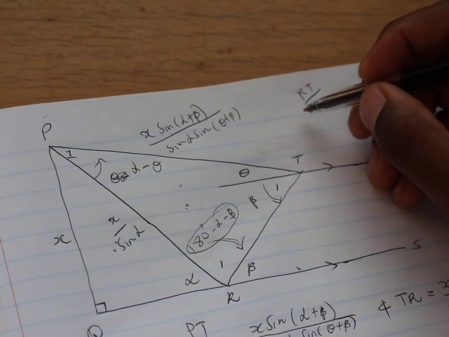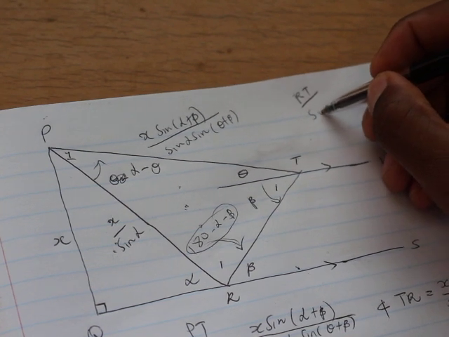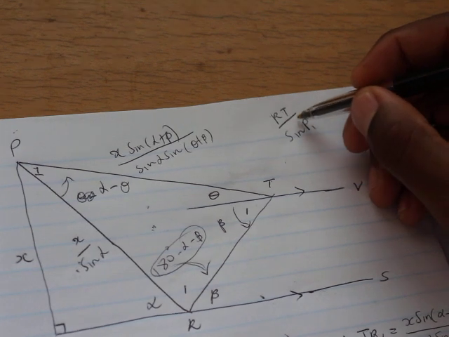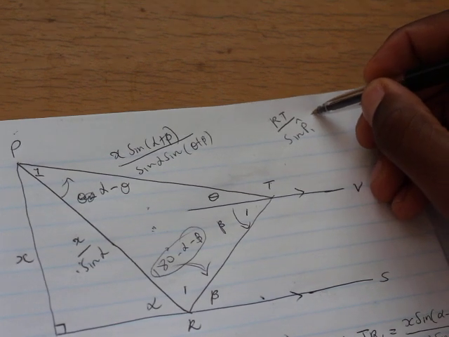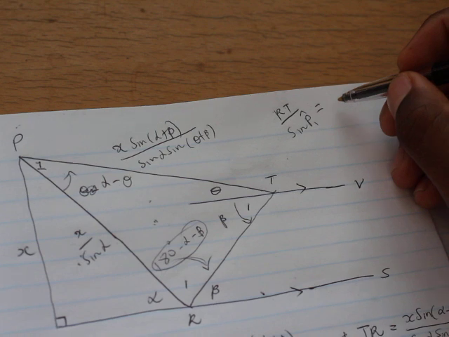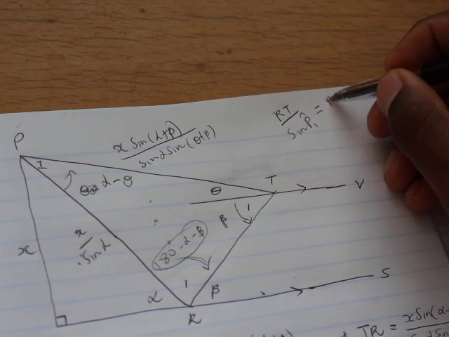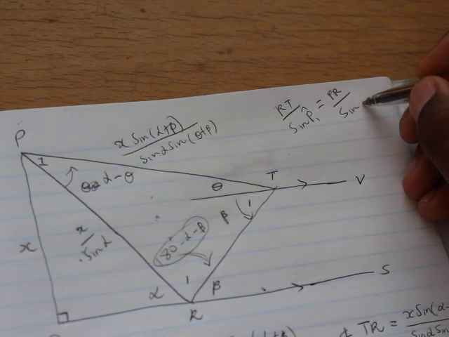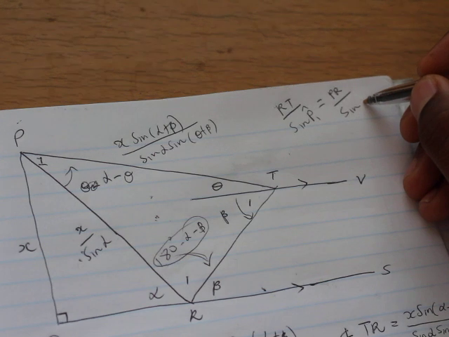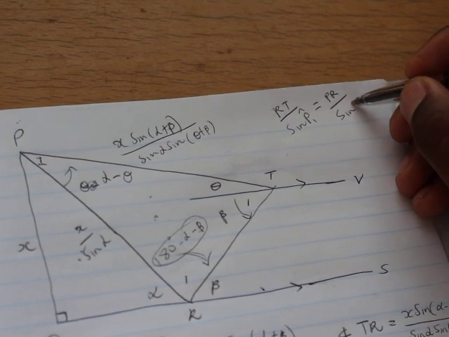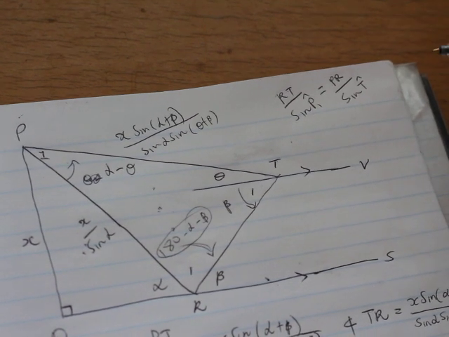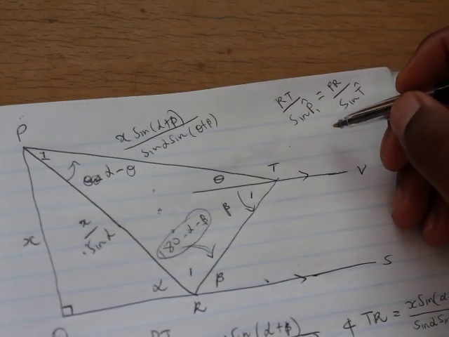RT over the sine of P1 must be equal to PR over the sine of angle T.